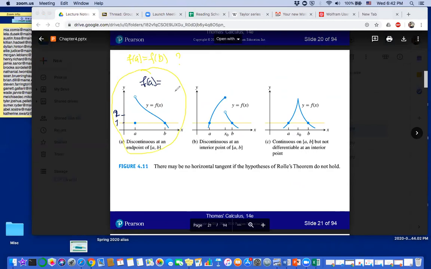Everybody who's here, please type in, what is f of a? It's 1. Do you guys see this? Yes, okay. What about f of b? F of b is also 1, that's right. Do you guys see this?